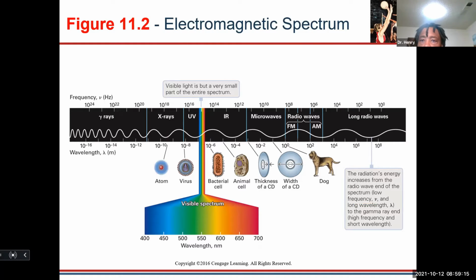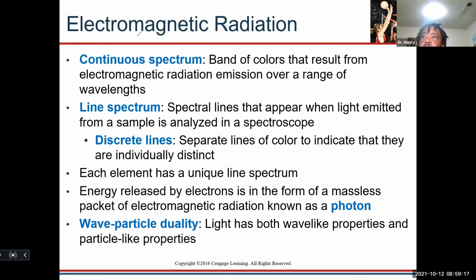Okay, so let's move forward. So we've talked about the continuous spectrum. So there's also what we call the line spectrum. The line spectrum is basically discrete lines where they've been separated. So that visible light, or the spectrum, has actually been separated into individual lines.